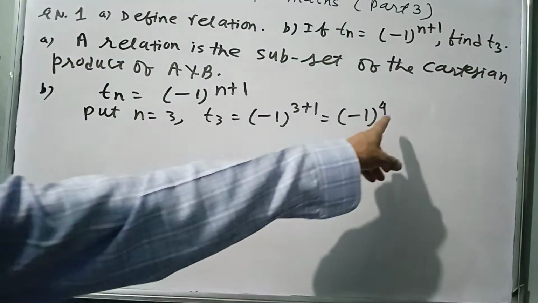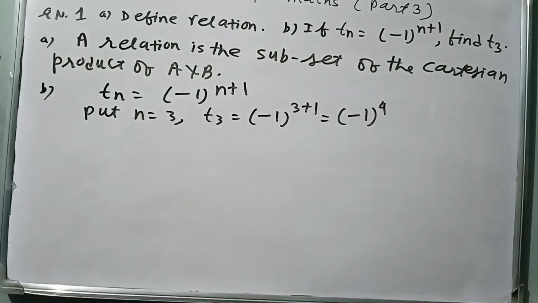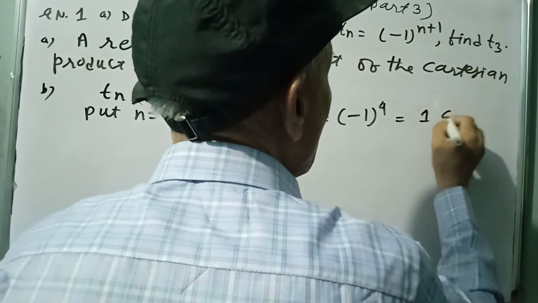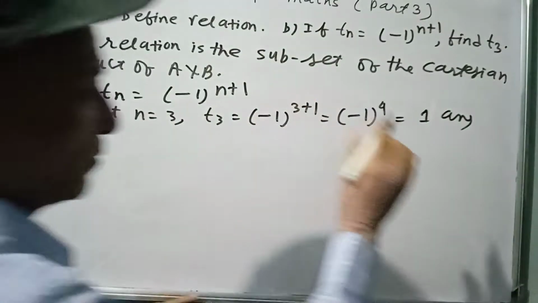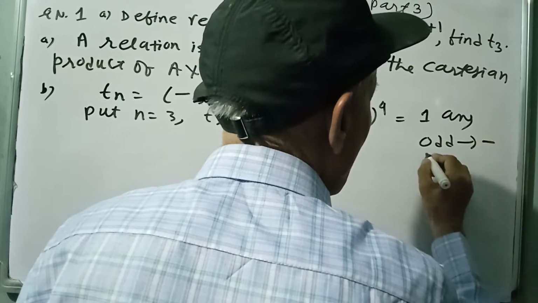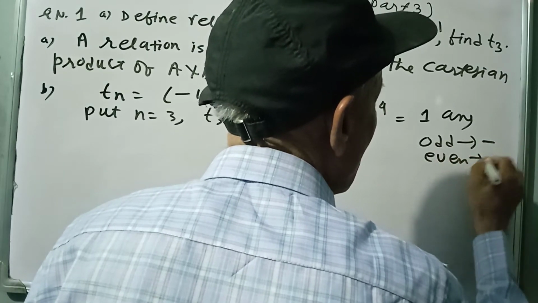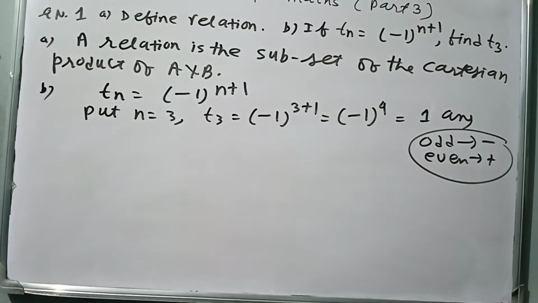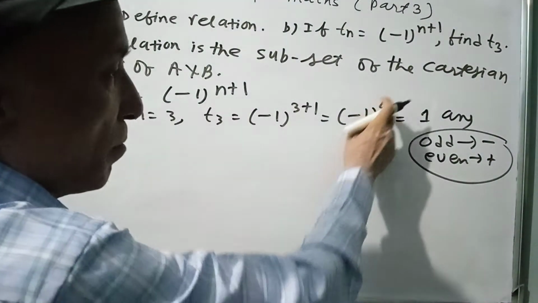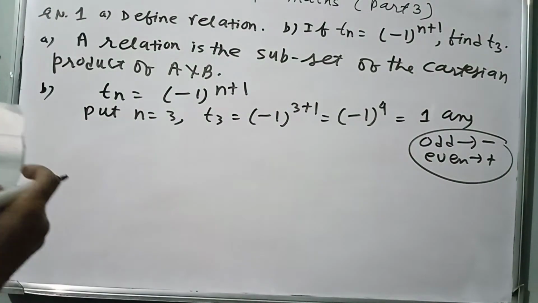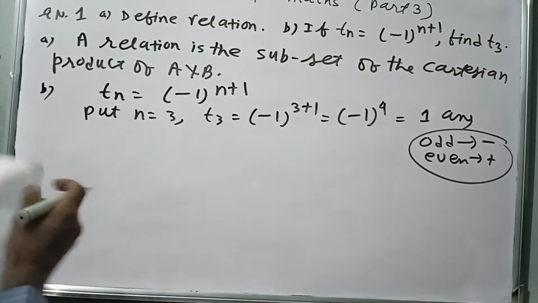See, minus 1 to the power 4: even power positive, odd power negative. Remember, odd power negative and even power positive. So, minus 1 to the power 4 equal 1; minus 1 to the power 5 is minus 1. So, another question is also there.